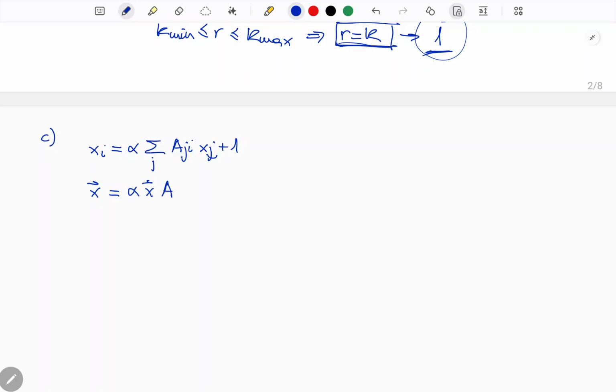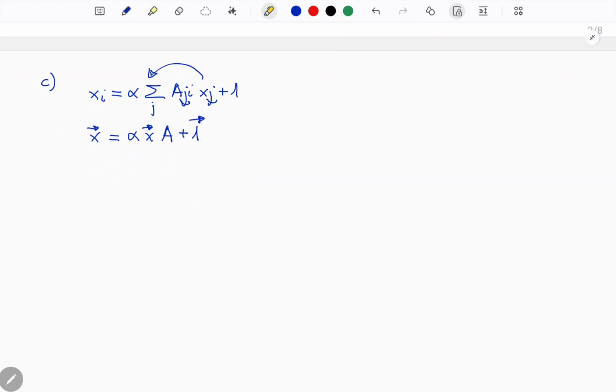Remember that this j is the same as the first index of this matrix, so the multiplication is on the right when we write it in vectorial form. So x is really a row vector, and the vector of ones is also a row vector.